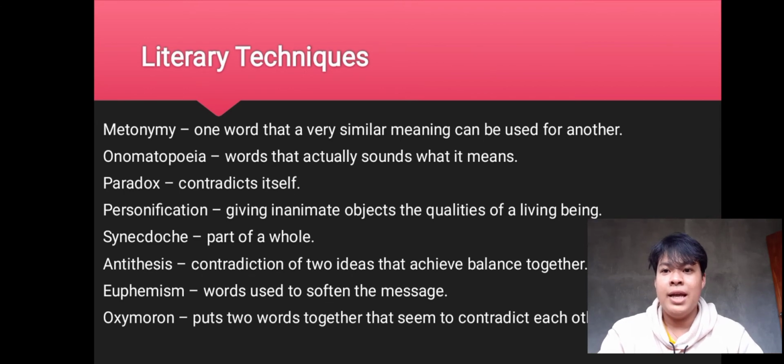So I have example words here that can be associated with another object or idea.